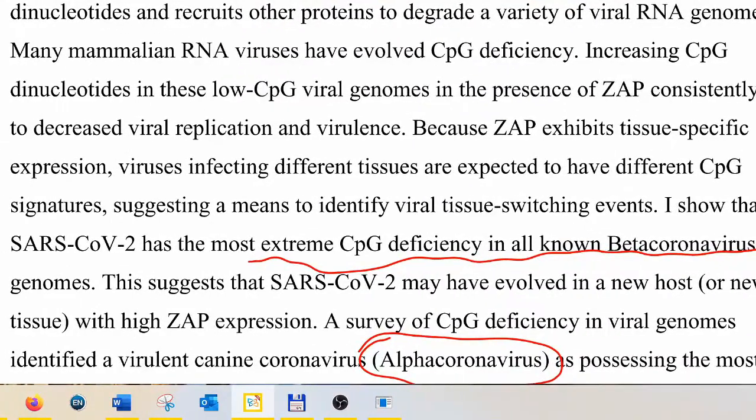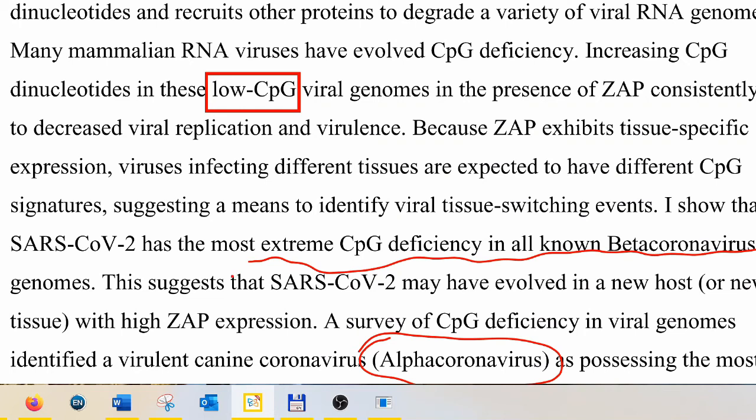So what is this CpG deficiency? CG increases stability in RNA or DNA structures. Therefore, genes, the areas which encode proteins, are usually enriched in CG. This is one of the markers of how genes are selected. However, in SARS-CoV-2, extremely low CpG frequency is found.